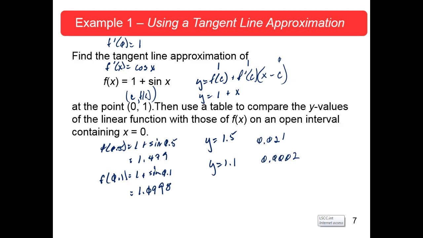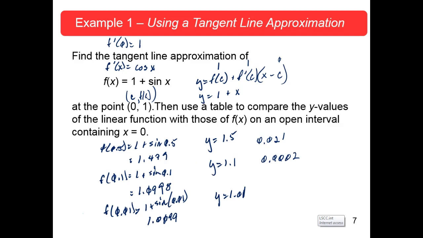That's pretty good. How about f of 0.01? That's 1 plus sine of 0.01, and y is equal to 1.01. Yeah, that's awfully close.